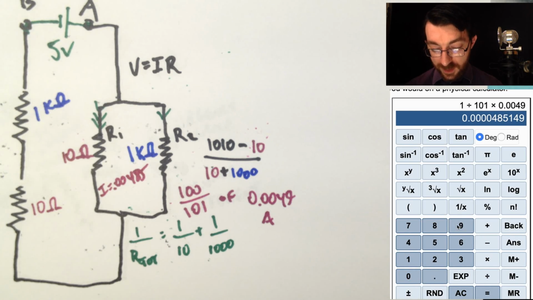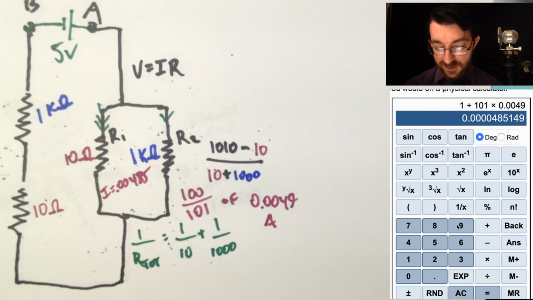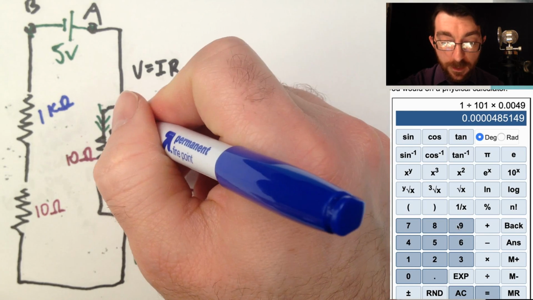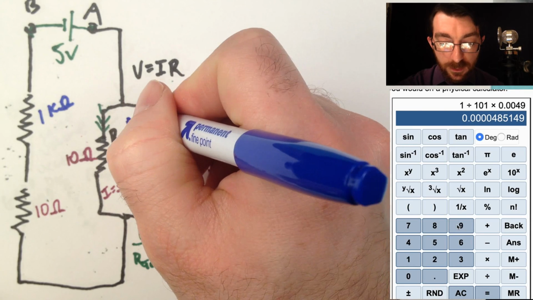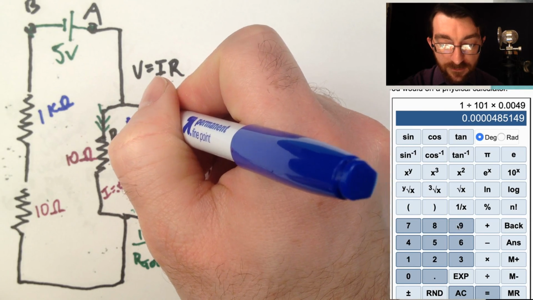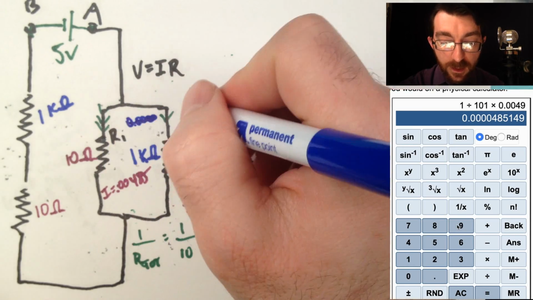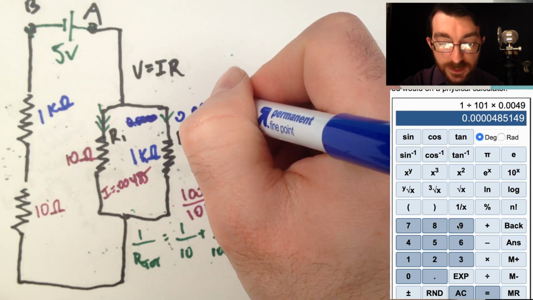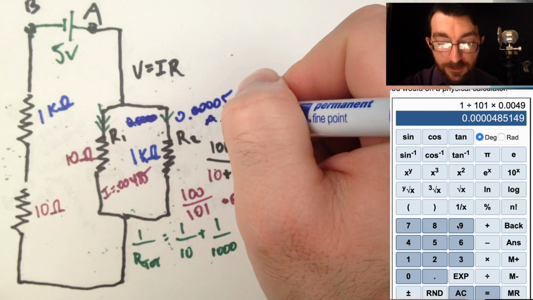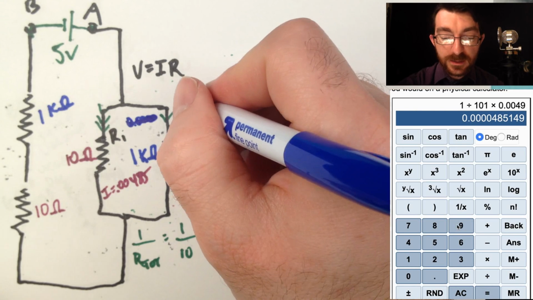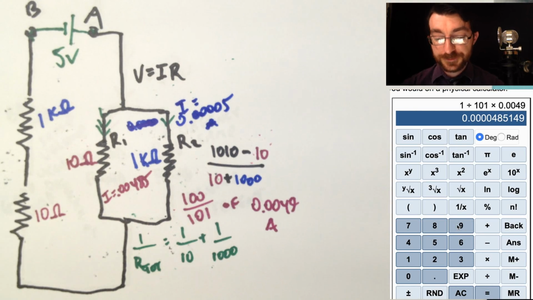See? 0.000048. So that 48 rounds up to 5. Holy cow. That's not a lot of current. Can I even fit that in here? I can't even fit that in there. 0.00005 amps. That is incredible.